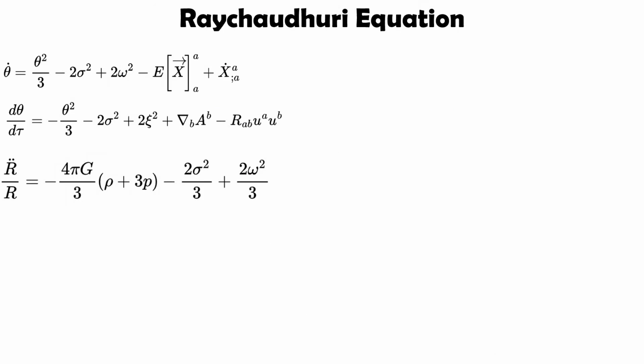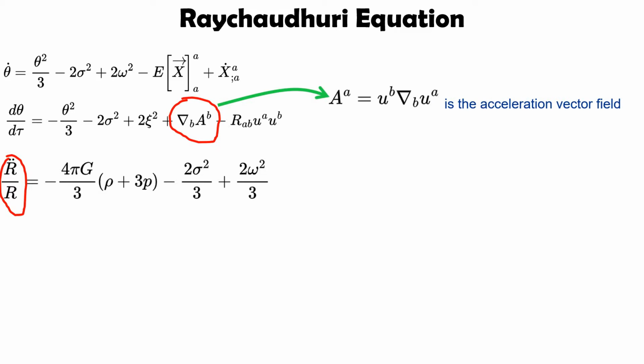Now if you move further, then we see that there is an r and an r double dot. That means it is a second order differential, and this is actually what is called the acceleration field. Why we are mentioning this acceleration vector field, I will let you know soon.